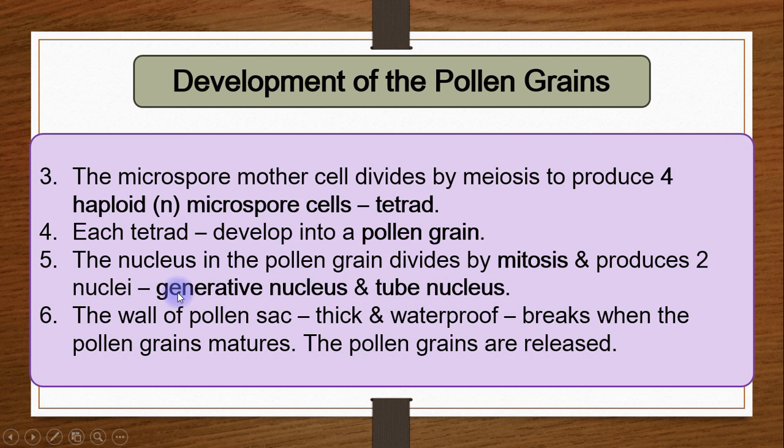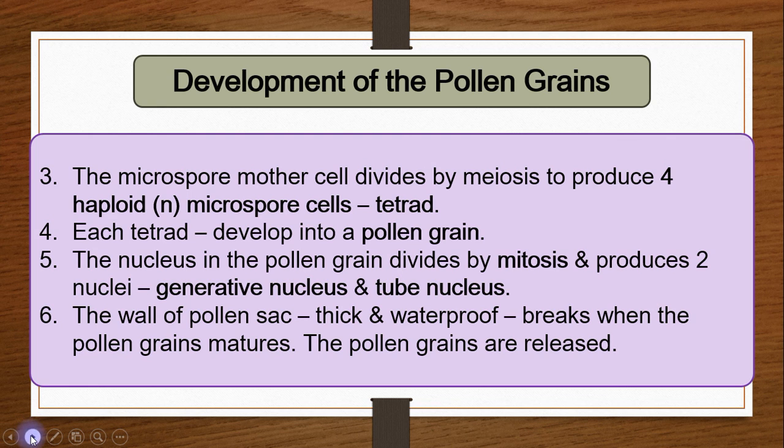Next, number 6, the wall of the pollen sac, which is thick and waterproof, will break when the pollen grain matures and the pollen grains are released. So that's how the pollen grains are produced in the anther.